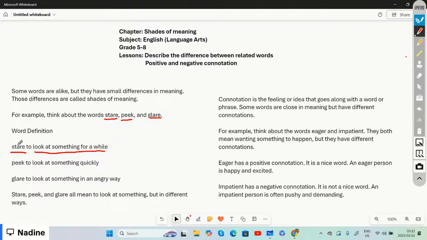If you look at the meaning of peek, to peek at something or to peek at someone, to peek at something or someone is to look at something quickly. It's like peeking at something quickly.